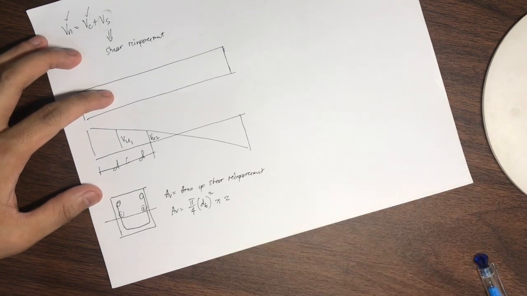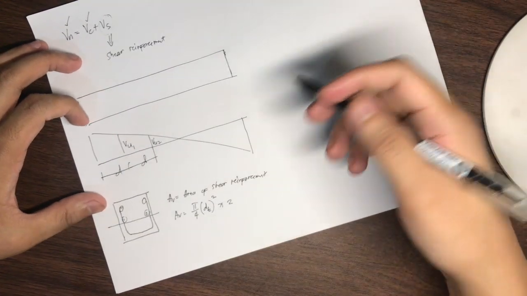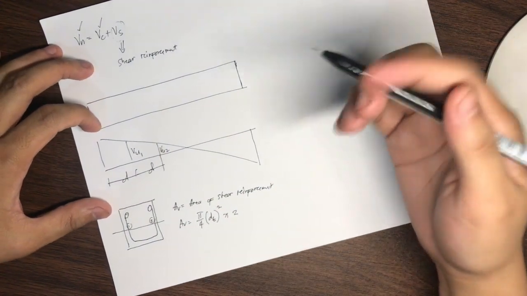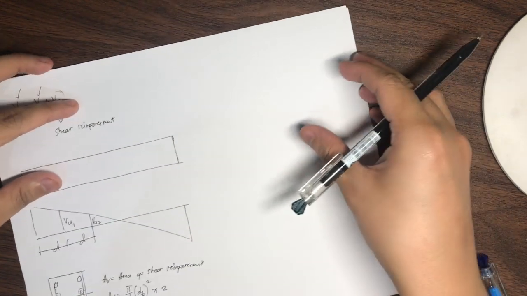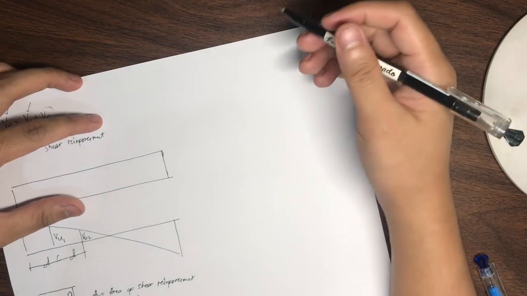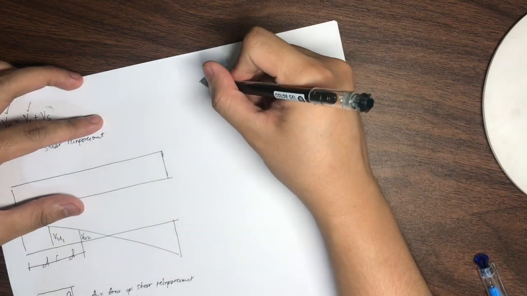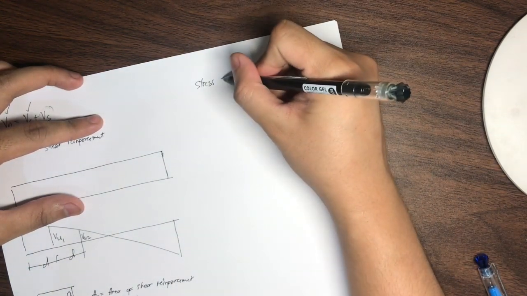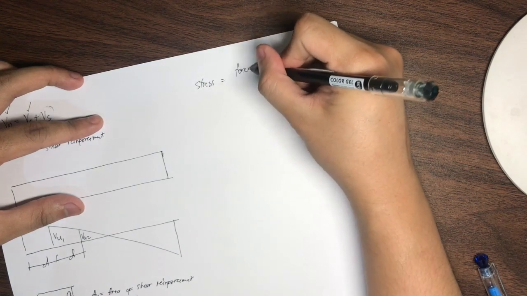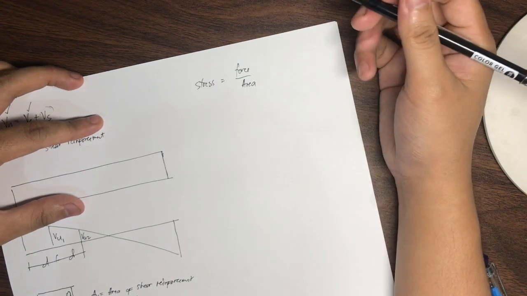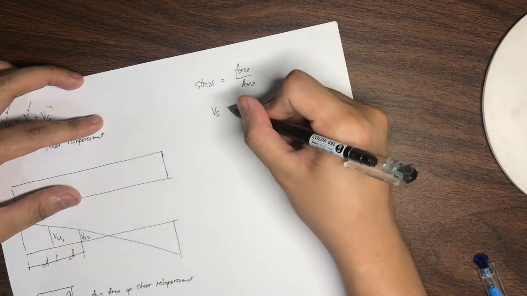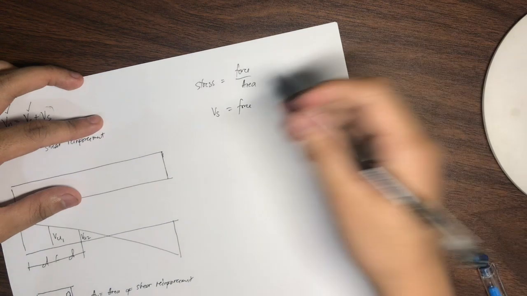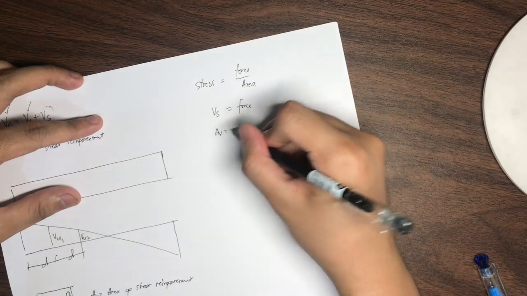Okay, now the question is, we'll go back to the question, how many stirrups or transverse reinforcements do we need to place for every d distance? Let's go back to your mechanics of deformable bodies. We all know that stress is equal to force over area. In this case, your force here is your Vs. Your Av here is your area.